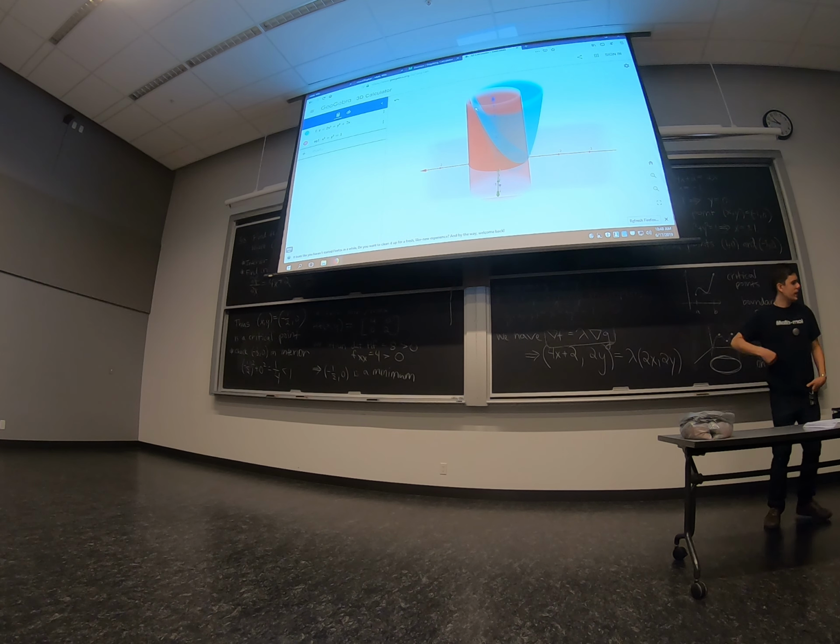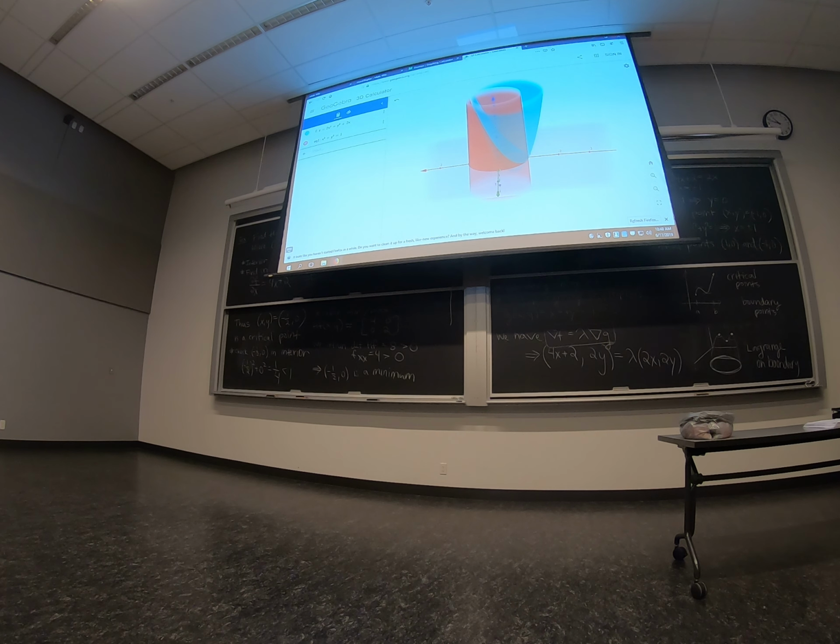So I think that by playing around with Desmos and GeoGebra, you'll learn a lot more than I can explain to you. So like, where's the slider?